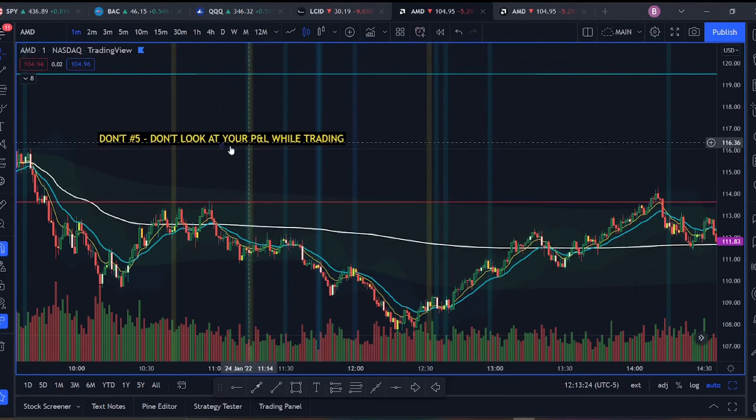All right, number 5, don't look at your P&L while trading. This, for me, changed everything. It really did. Obviously, it's everything coming together. But when I stopped looking at my P&L, it really made a world of difference.